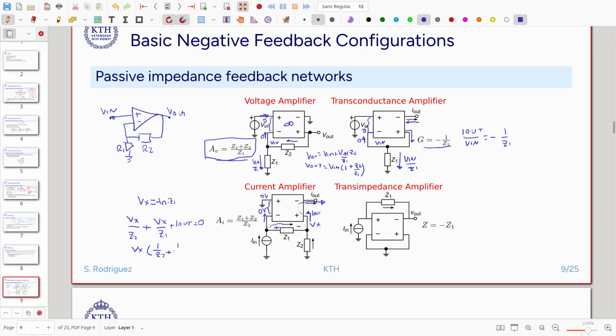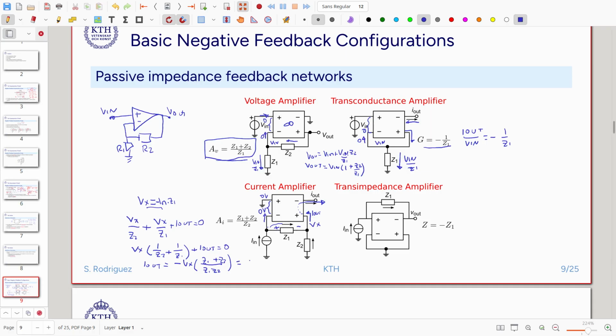This will be 1 over theta 2, 1 over theta 1 plus E out will be equal to 0. That means that E out will be equal to, and then there will be minus Vx times theta 1, theta 2 over theta 1 plus theta 2, and then we replace this part here.